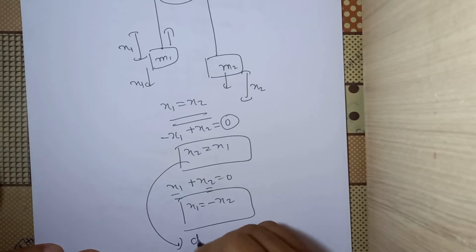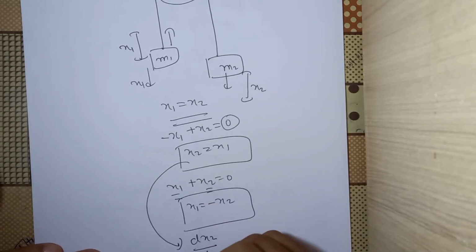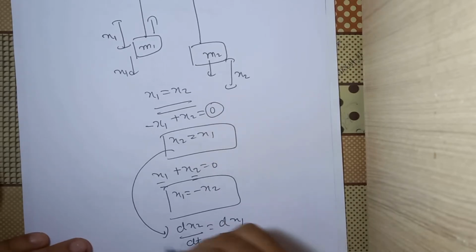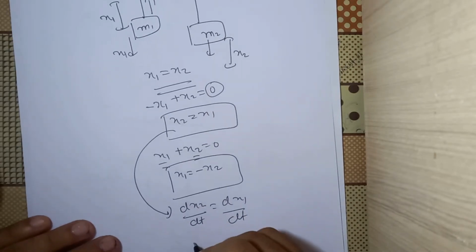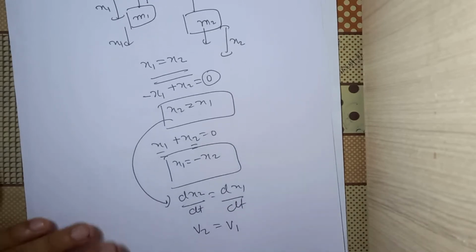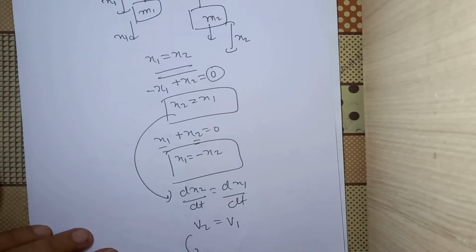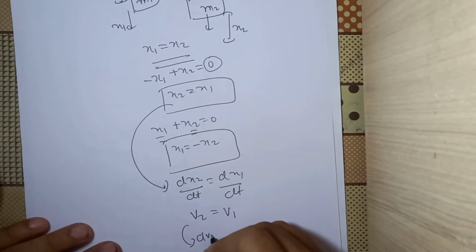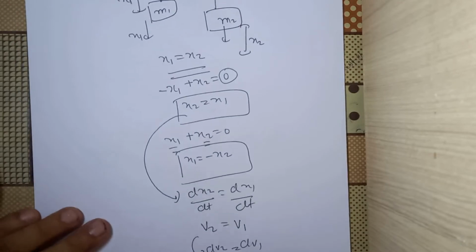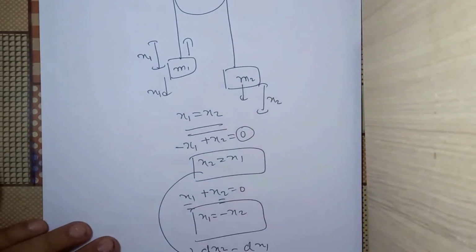Because x2 is equal to x1, if I differentiate on both the sides with respect to time, I will get dx2 by dt is equal to dx1 by dt, and in place of dx2 by dt I can write v2, and in place of dx1 by dt I can write v1. Okay, similarly, if you differentiate this again, you can write dv2 by dt is equal to dv1 by dt, and you can get that a2 is equal to a1.